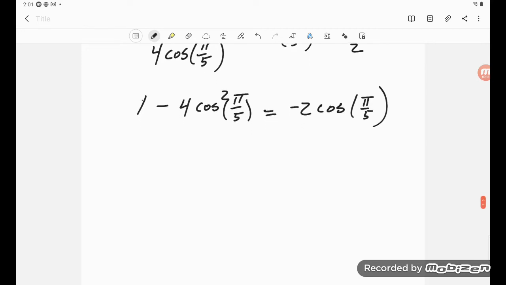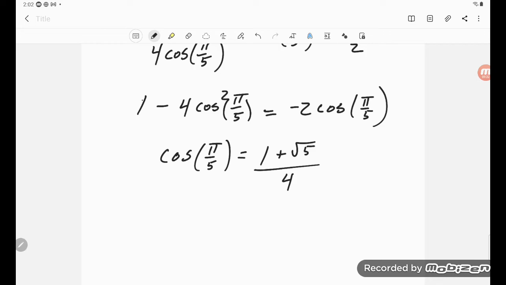If I solve that, and I'm not going to go through all that, you do get cosine of pi over 5 is equal to 1 plus the square root of 5, all divided by 4.